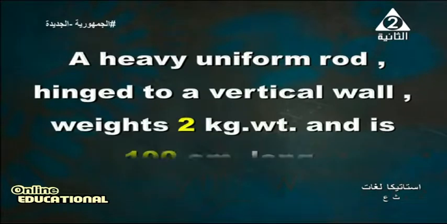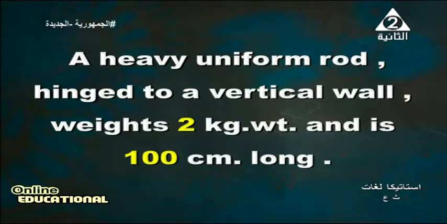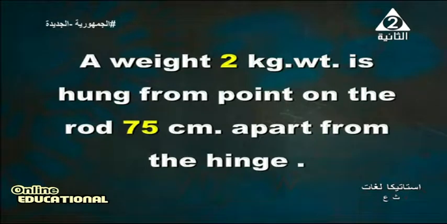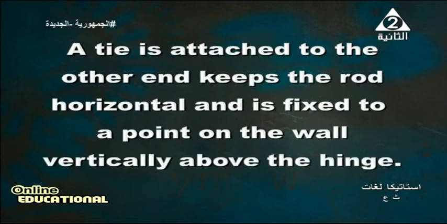Now we translate to another example. A heavy uniform rod hanged to a vertical wall weighs 2 kilograms and is 100 centimeters long. A weight of 2 kilograms hangs from a point on the rod 75 centimeters apart from the hinge.